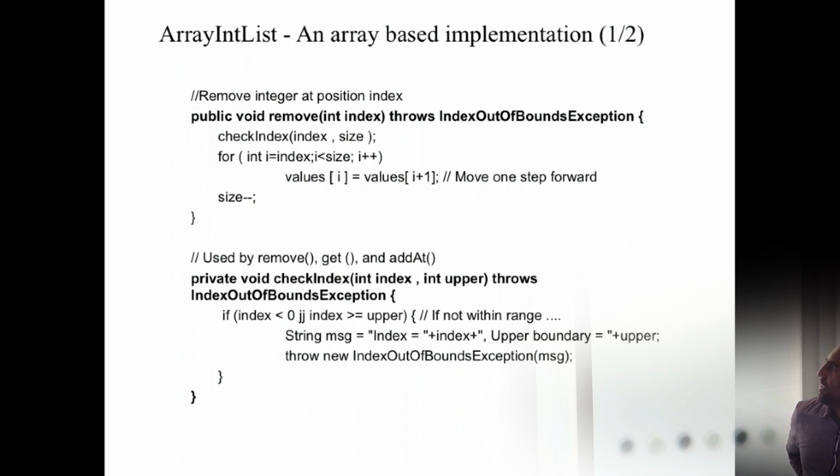And in the remove, for example, if we decided to remove an element at position 3, we start a loop with i equal to index until the size, and then we shift the value at i plus 1, which was to the right of the element that we want to remove, and assign it back to the element that we want to remove.